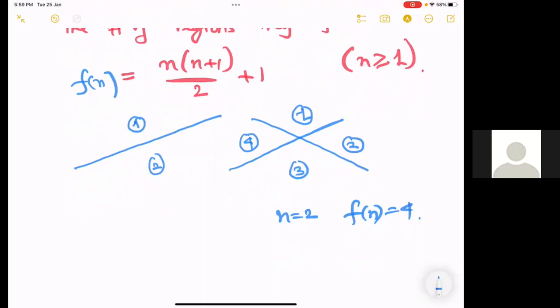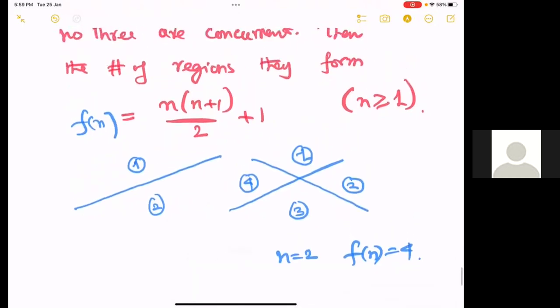So n lines you have already drawn, and they have subdivided the plane into lots of regions. By inductive hypothesis, this is n into n plus 1 by 2 plus 1 regions. And all you want to argue is that if you put an additional line, then the additional line will actually intersect with the previous n lines to produce new n regions.